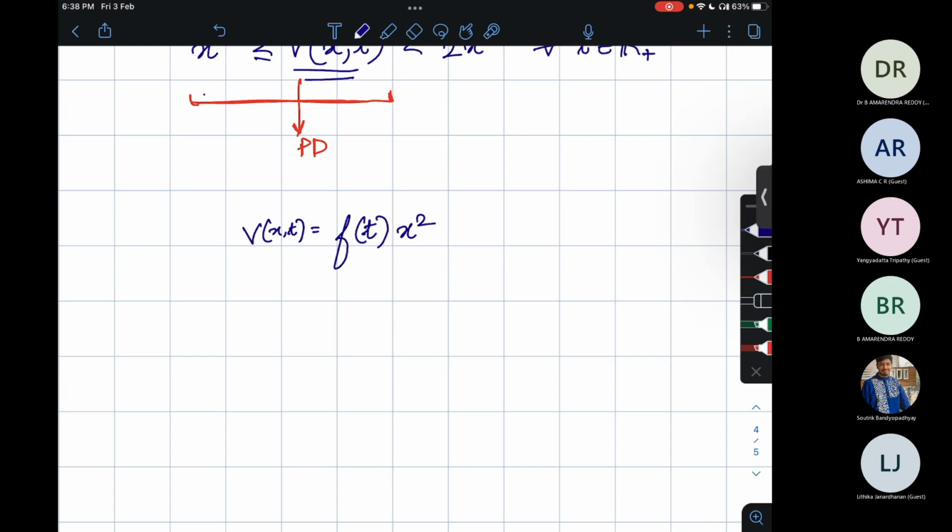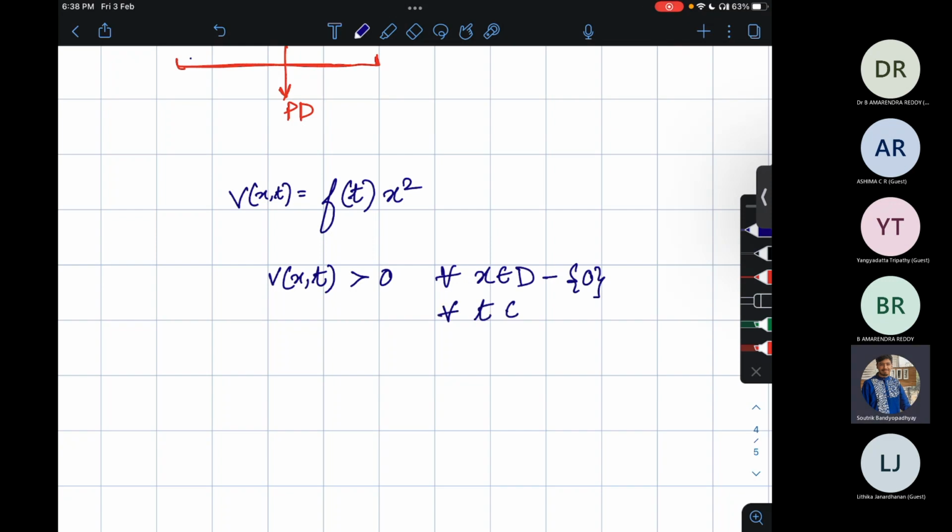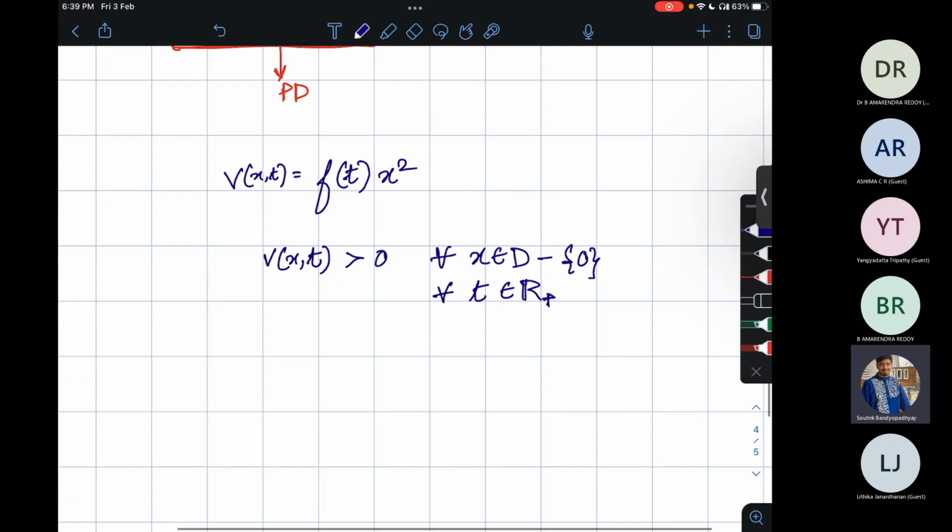You can't comment whether this V of x, t is greater than 0 for all x in domain D minus the origin. You have to also ensure that it is holding for all time t greater than or equal to 0. Right? So this is a very difficult condition to satisfy.